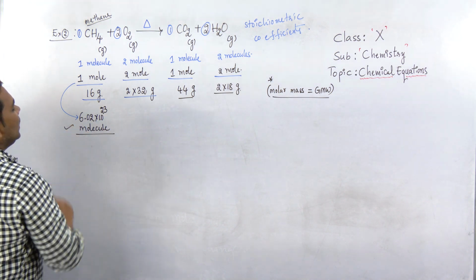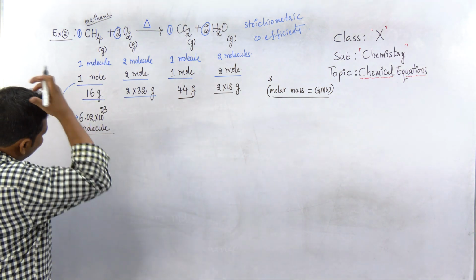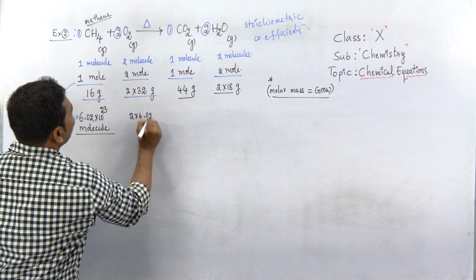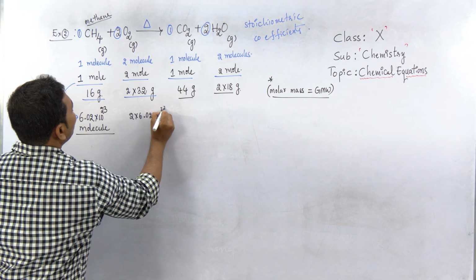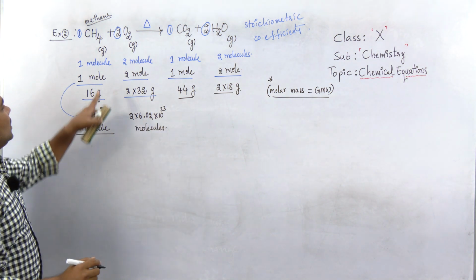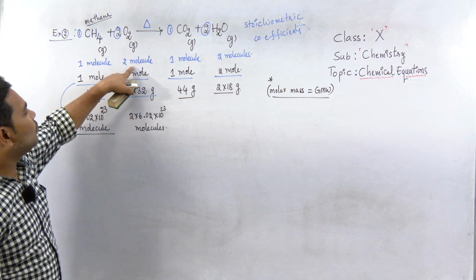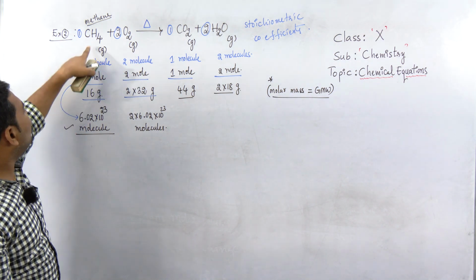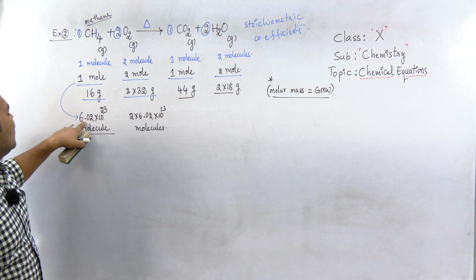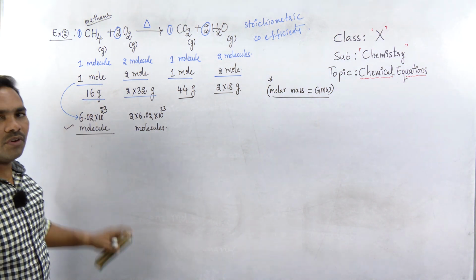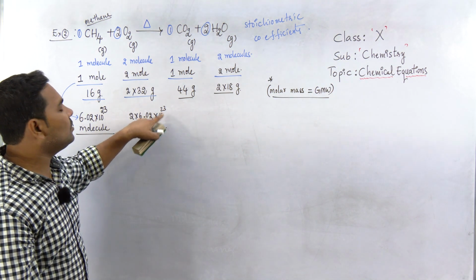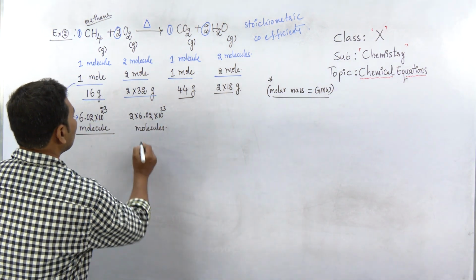So these are the number of molecules of methane that are reacting with oxygen, that is 2 into Avogadro number, 6.02 into 10 to the power 23 molecules, right? So you see here, 1 mole of molecules needs 2 moles of molecules. 1 mole contains 6.02 into 10 to the power 23 molecules. 2 moles contain 2 into 6.02 into 10 to the power 23 molecules, right?